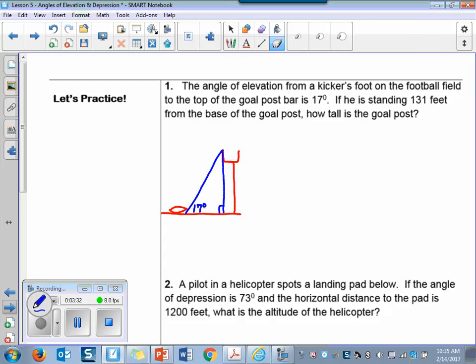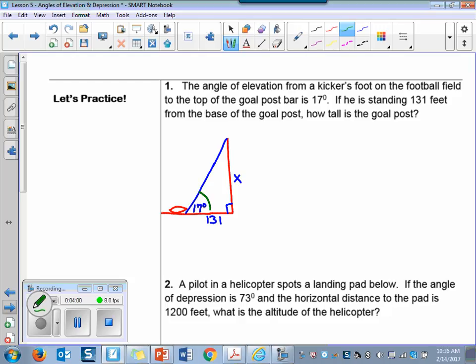Whoa, guess I drew that a little weird. Let's try this way. We'll make a more simple goalpost. There we go. To the top of our goalpost, and we are standing 131 feet away from the base of the goalpost. How tall is it?